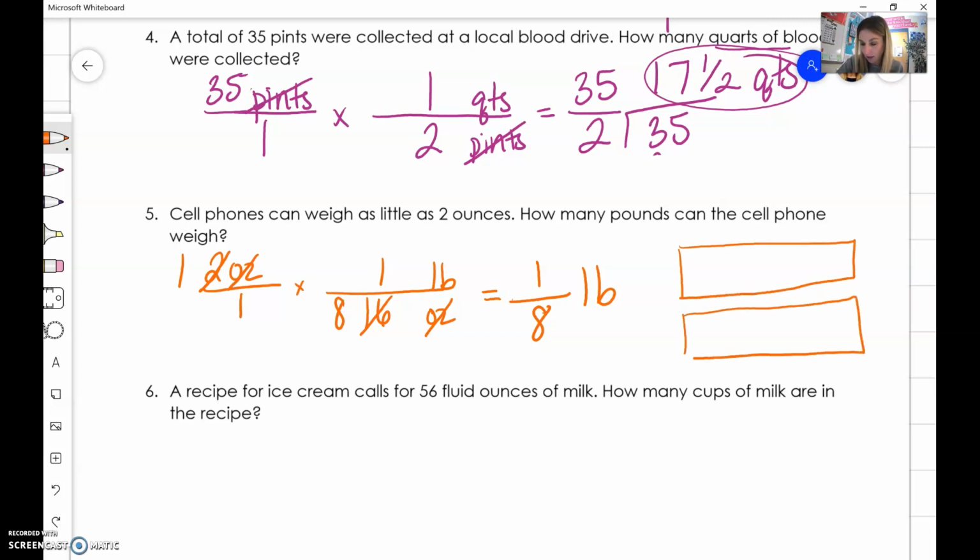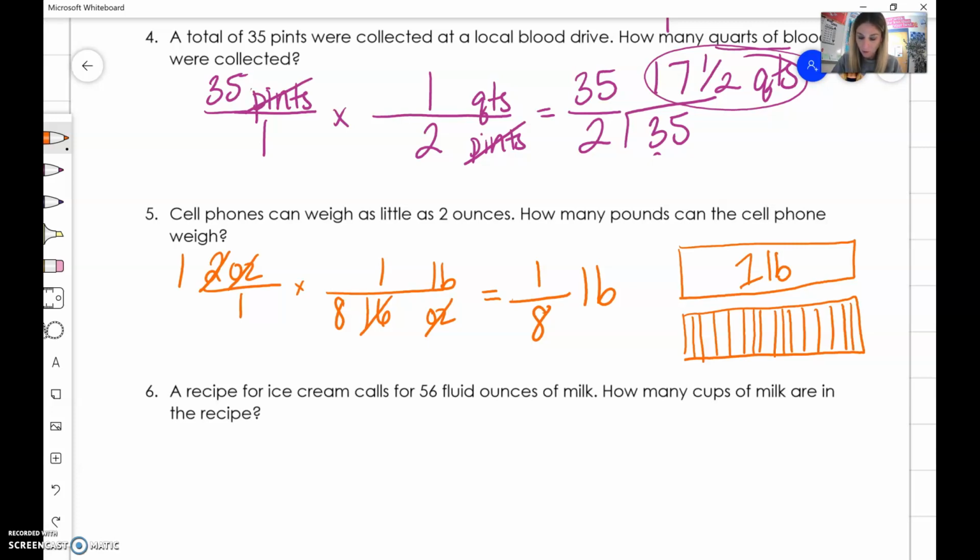Okay, so here is 1 pound. Okay, in 1 pound we know that there is 16 ounces. So 1, 2, 3, 4, 5, 6, 7, 8, 9, 10, 11, 12, 13, 14, 15, 16. So I should have 16.